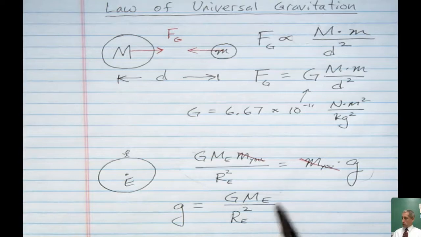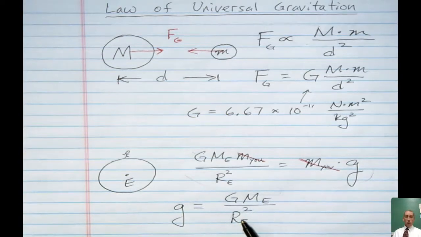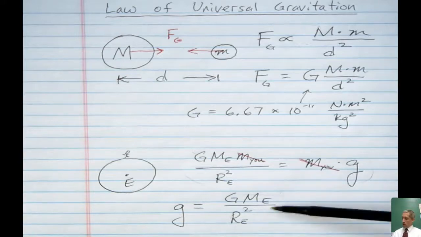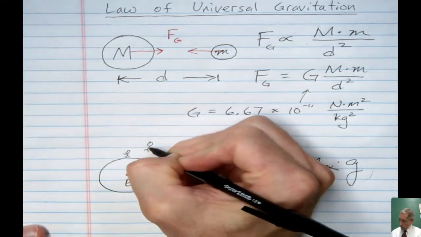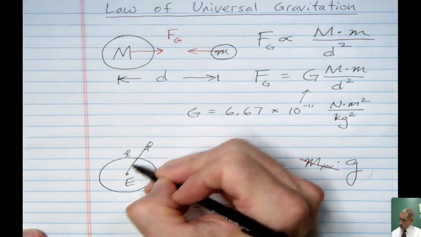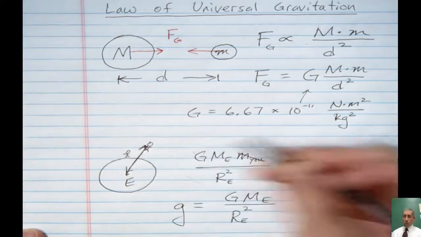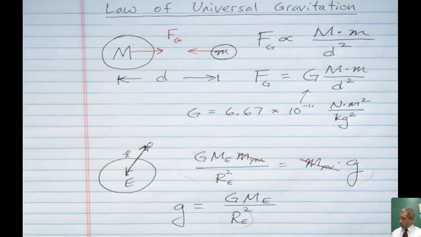So you could change this to Venus, the mass of Venus and the radius of Venus. You could even say, okay, what if I go up here a little farther from the surface of the Earth? Now the separation between you is more than the radius of the Earth. We'll just put in that higher value there, and you will get a lower value of little g for that location. So it's a nice connection between big G and little g.